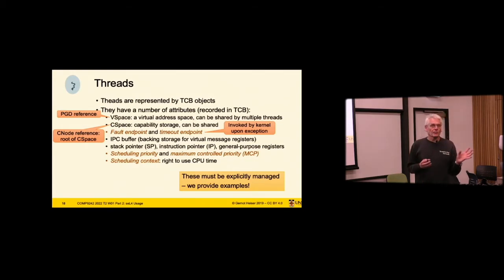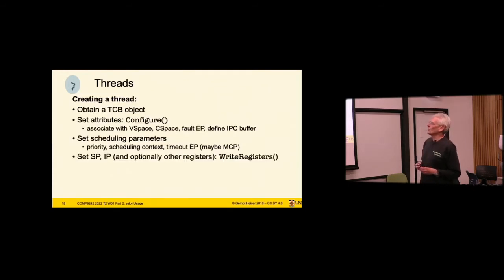All of this needs to be explicitly managed, goes without saying. We already looked at how the V space and the C spaces get managed. And part of the normal setup of a thread is to set the stack pointer and instruction pointer. There's nothing specific to it except the specific APIs here. And then it's a set scheduling pointer, as we do later.